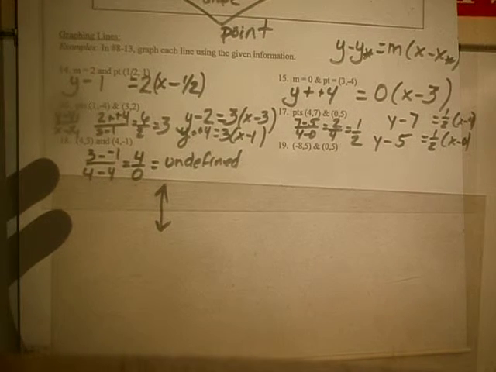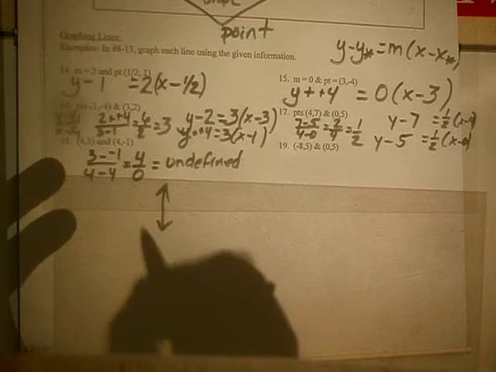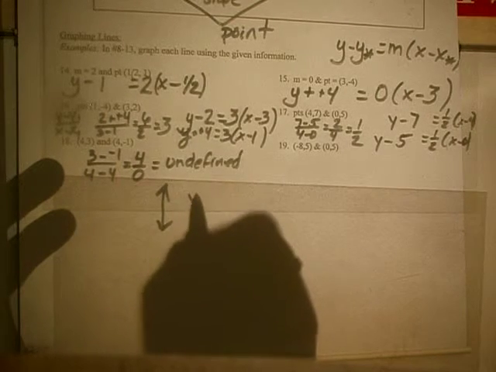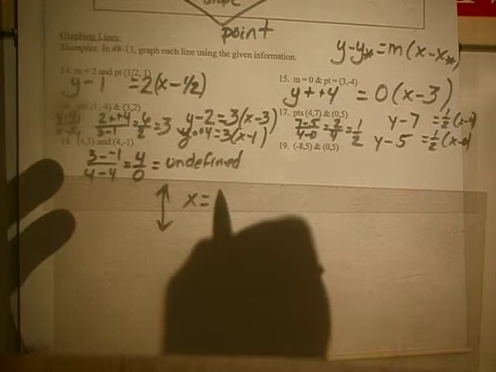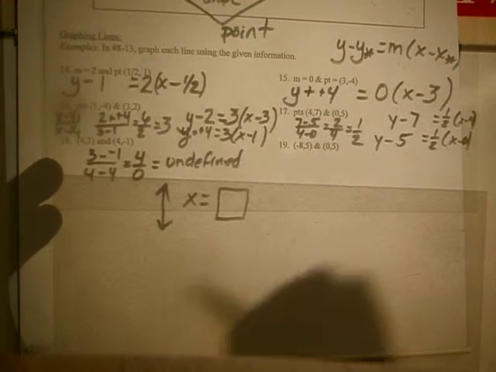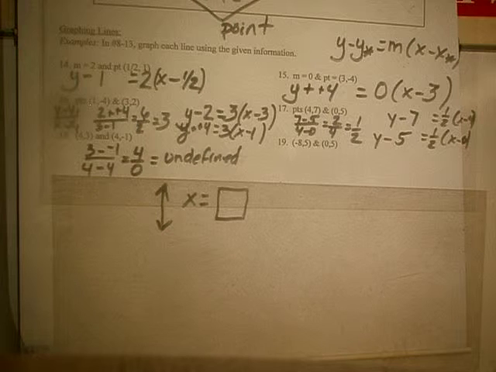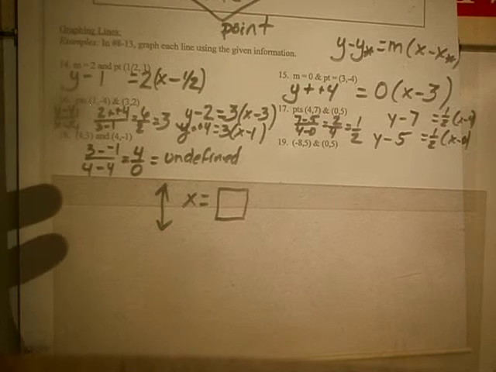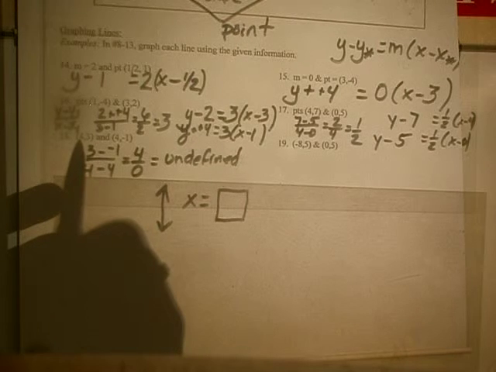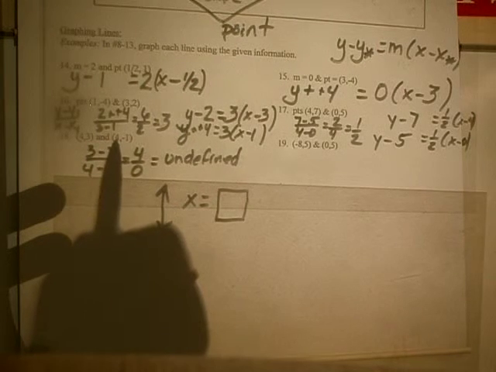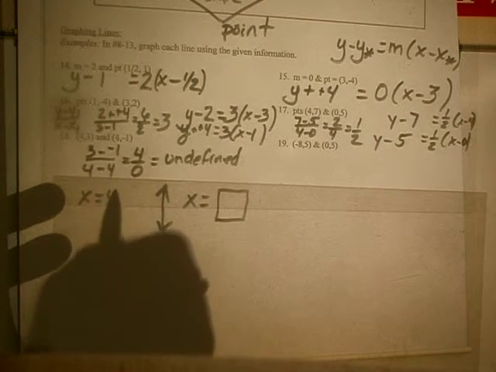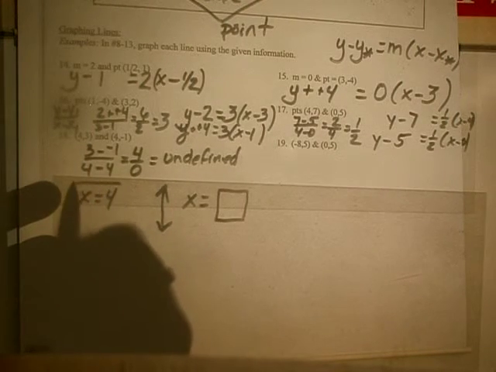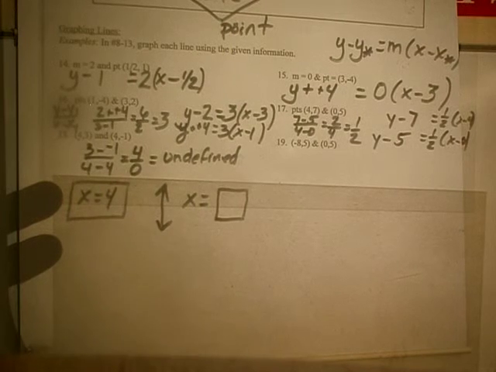And make sure you write this somewhere in your notes. If you have a vertical line, the equation of that line is x equals something. And I'm just going to put a big box there. X equals something is a vertical line. And if you look right here, x is 4, x is 4, that is the equation of your line. X equals 4.